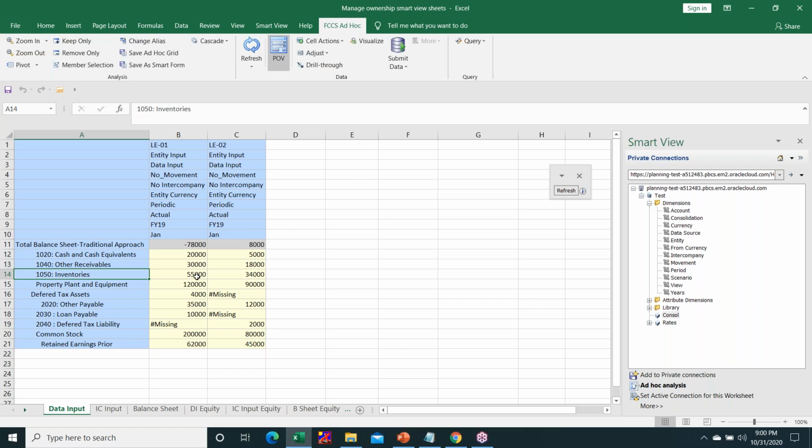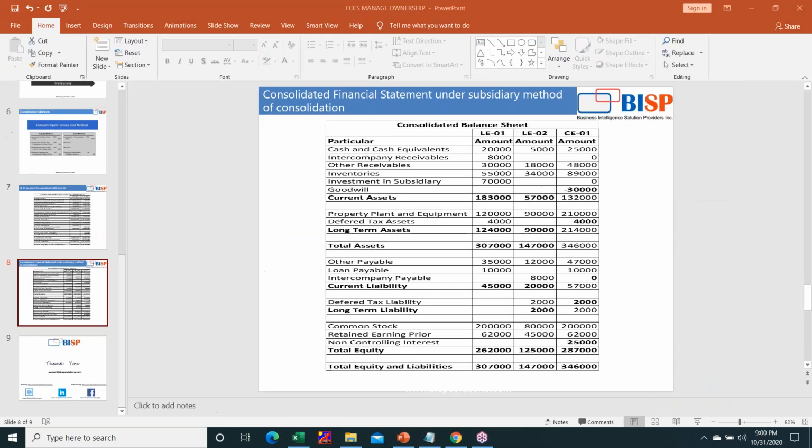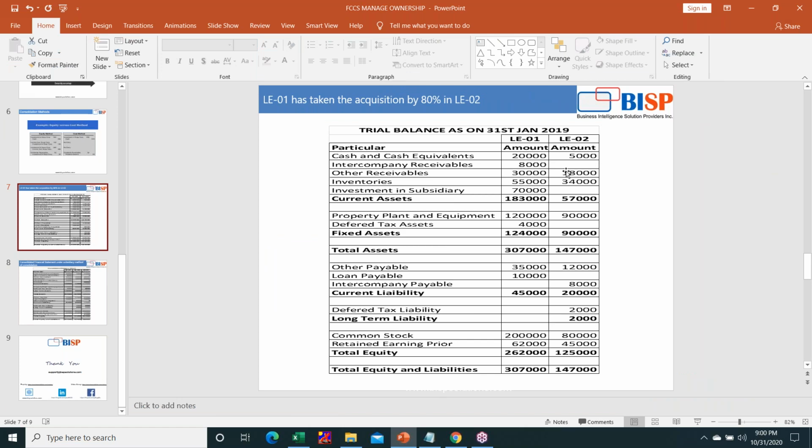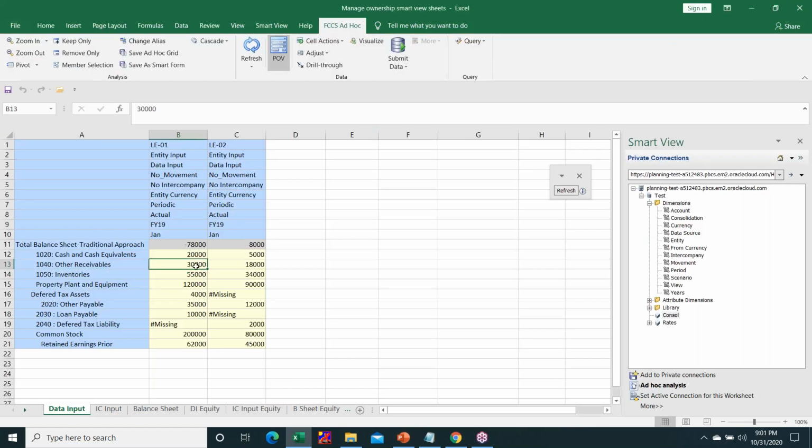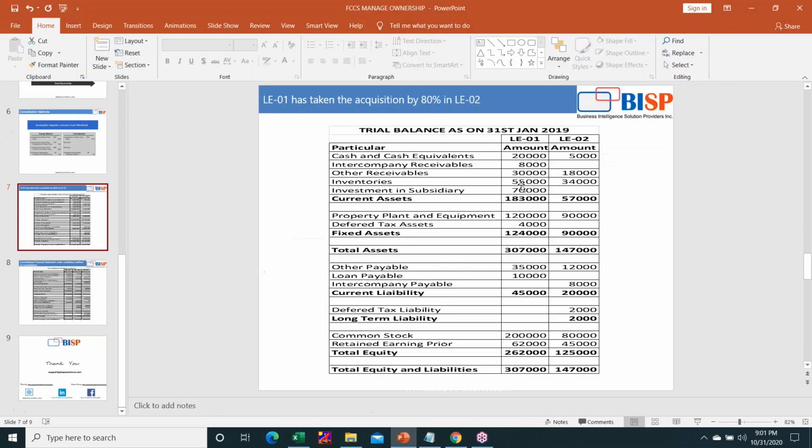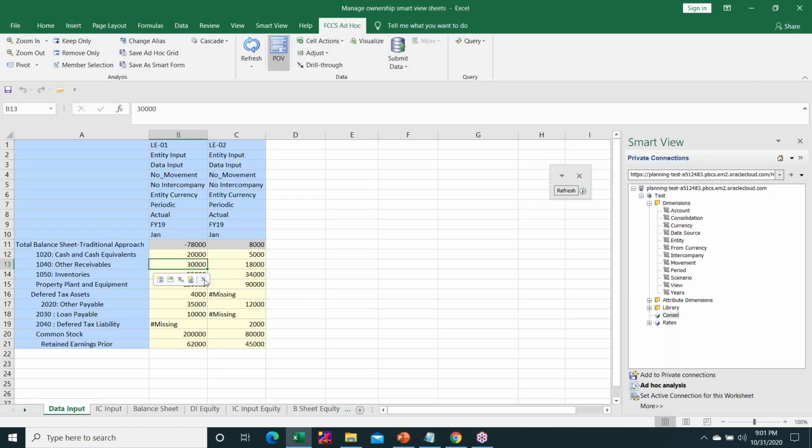As per our example, I have entered the cash and cash equivalent of 20,000 and 5,000, the other receivable 30,000 and 18,000. So I have inputted those numbers within the application through Smart View.